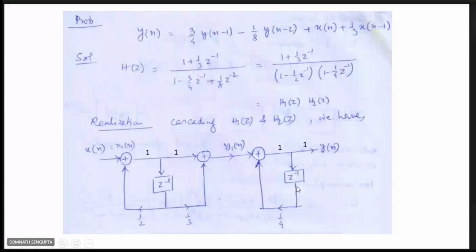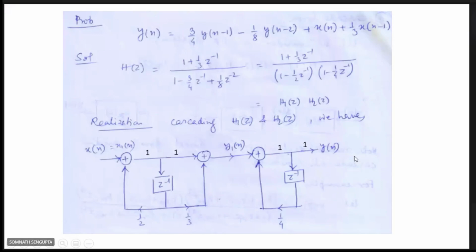So it is 0, and the loop is stopped here. In the input side, we have to use the coefficient, so here the coefficient is 1 and minus of minus 1 by 4. So it is plus 1 by 4.